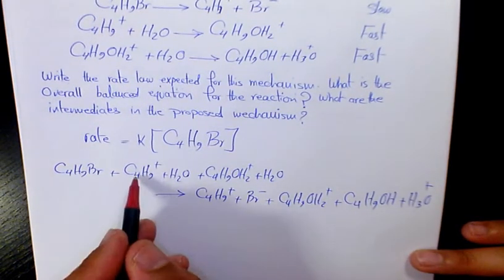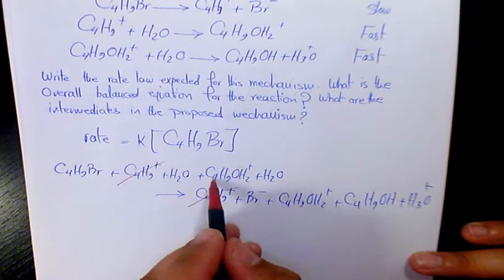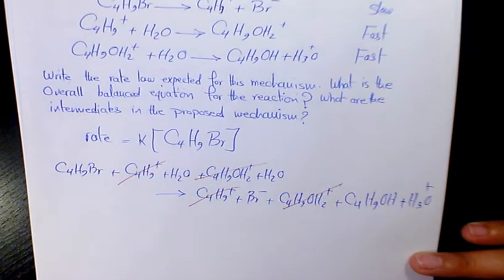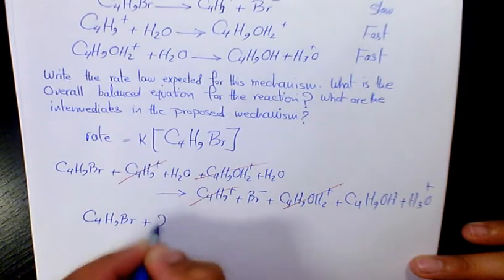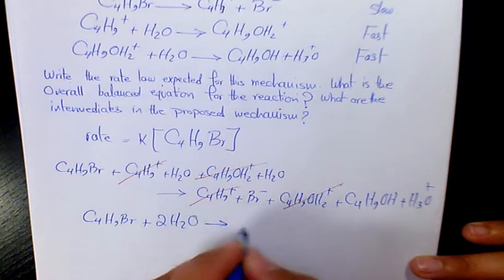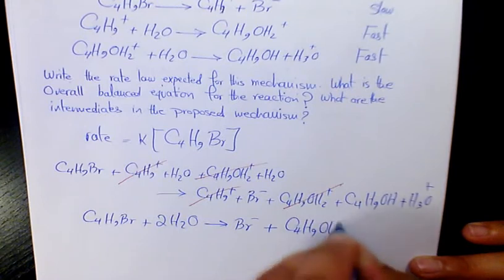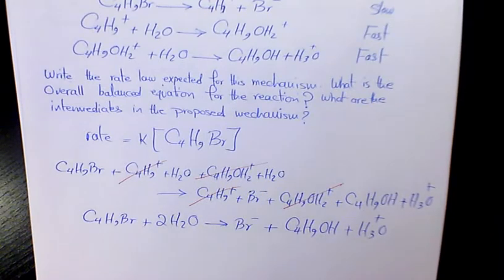We have C4H9+ on this side and this side, they cancel out. We have C4H9OH2+, cancel, and cancel here. What else do we have? It looks like we have no more. So that's going to be C4H9Br plus 2 water molecules gives us Br- plus C4H9OH plus H3O+. That's going to be the overall balanced equation for this reaction.